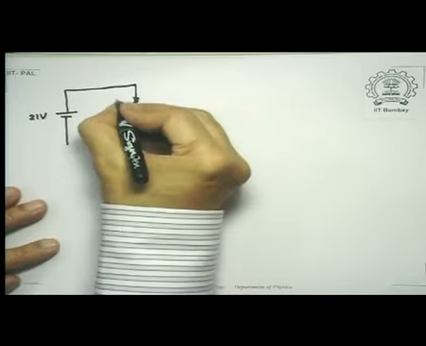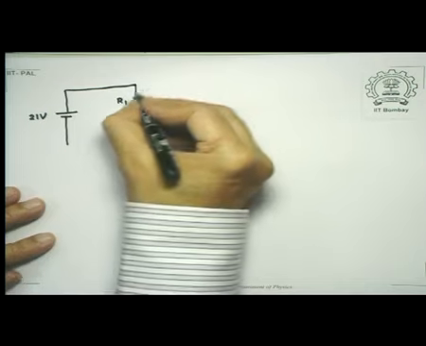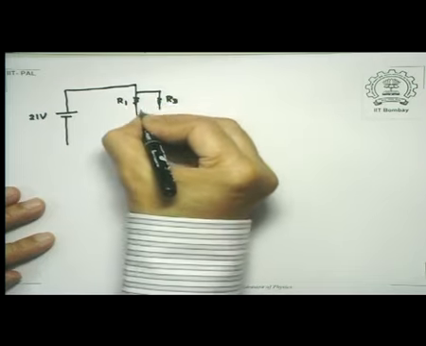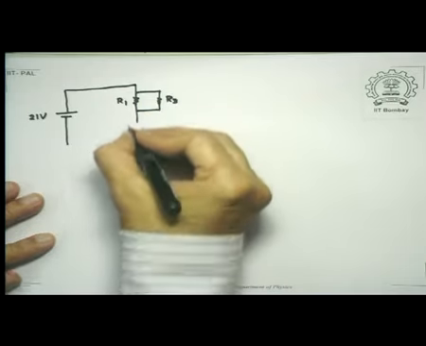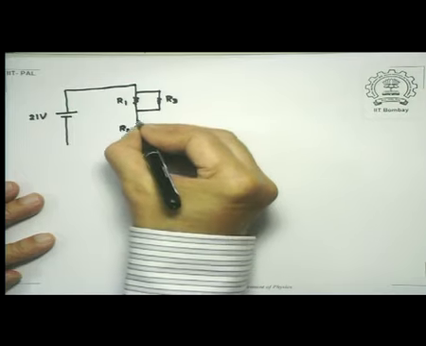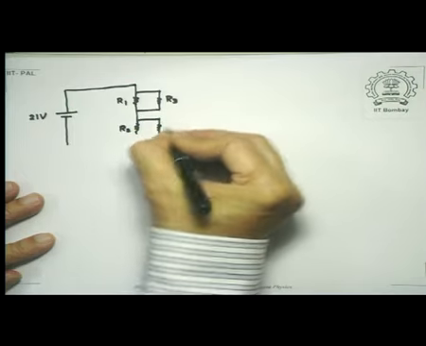This is R1 and this is in parallel with R3, and here I have an R2 in parallel with R4.